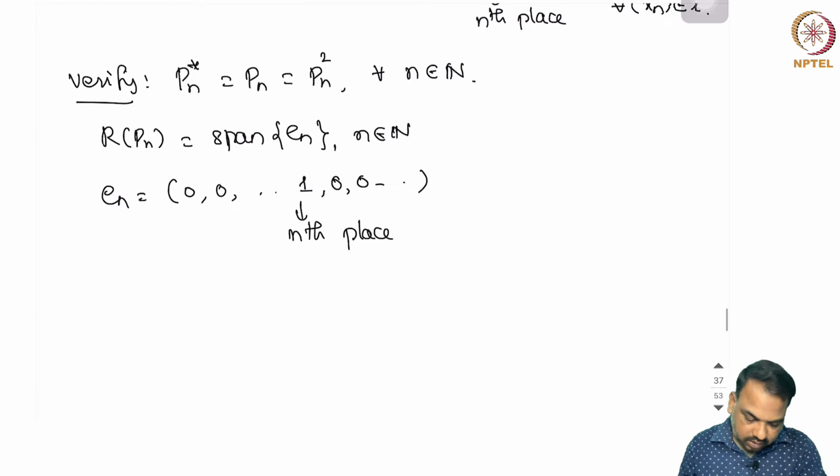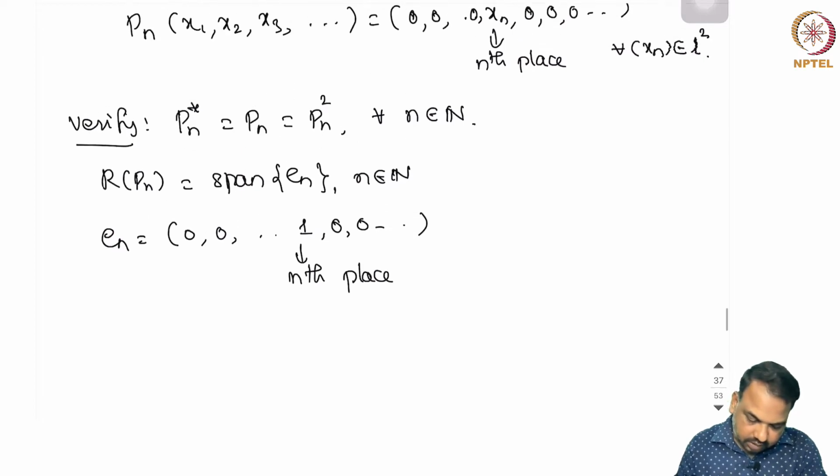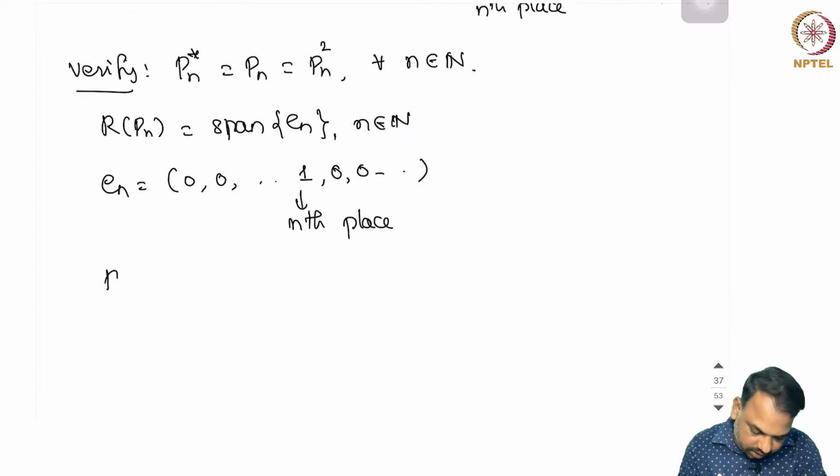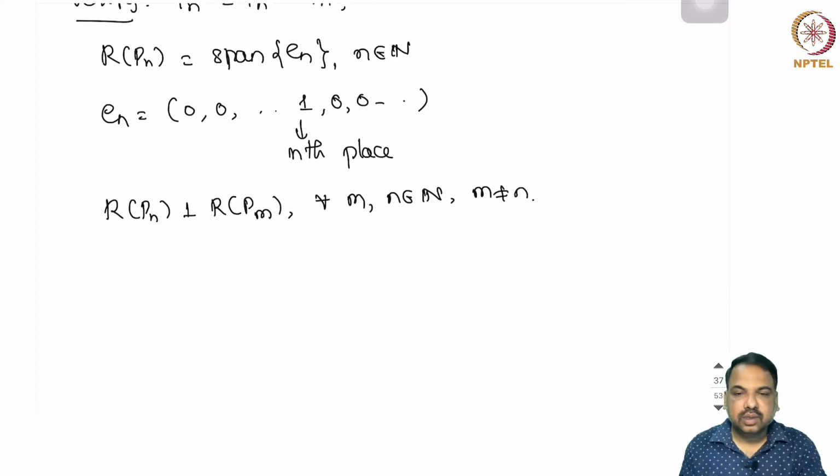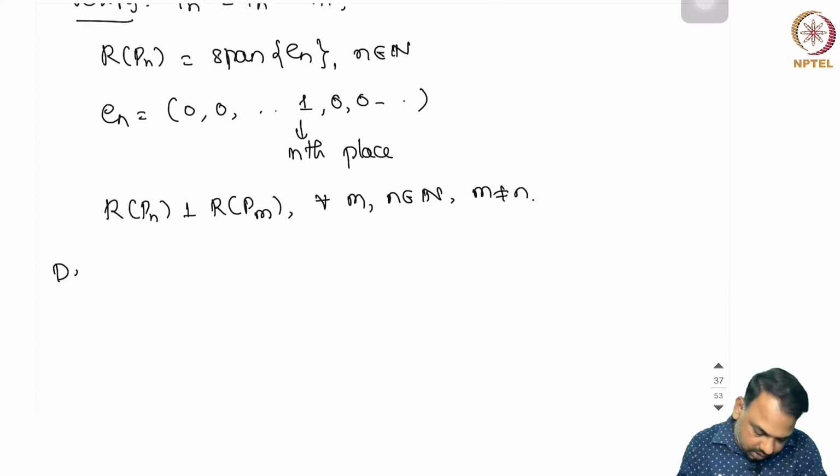Now we can easily show that these Pn's are mutually orthogonal. Range of Pn is orthogonal to range of Pm for every m, n in N, m not equal to n. So the conclusion is that they are mutually orthogonal. Let us define.